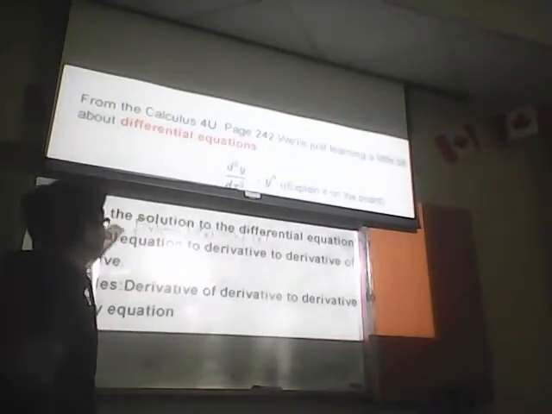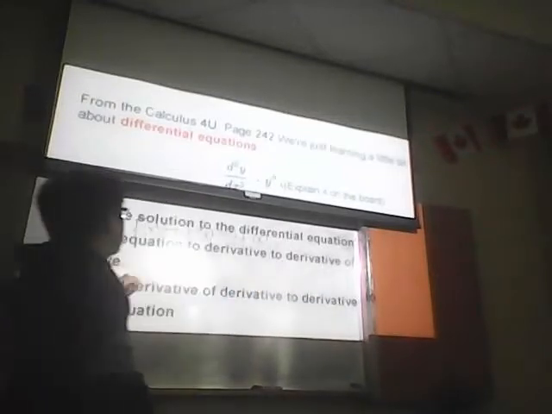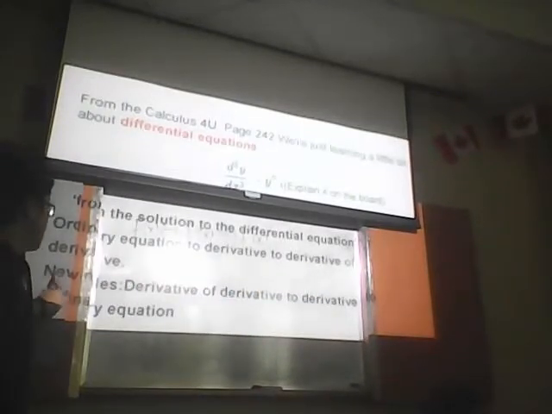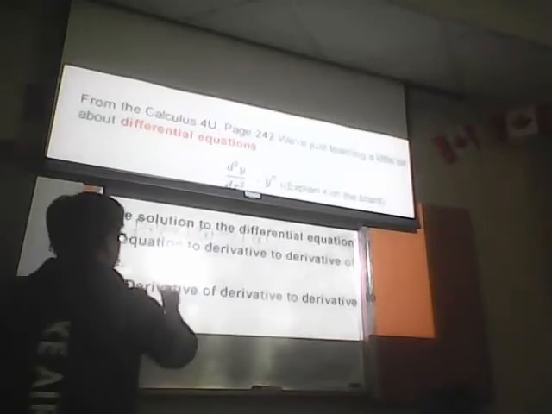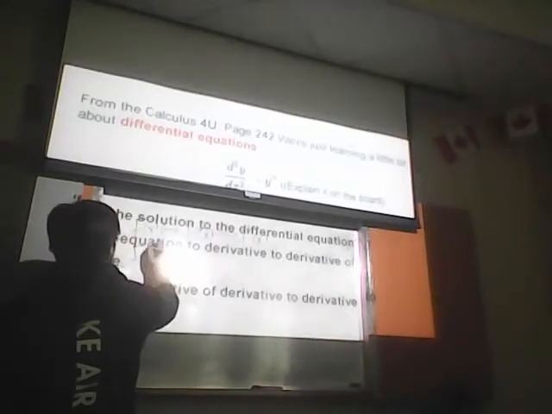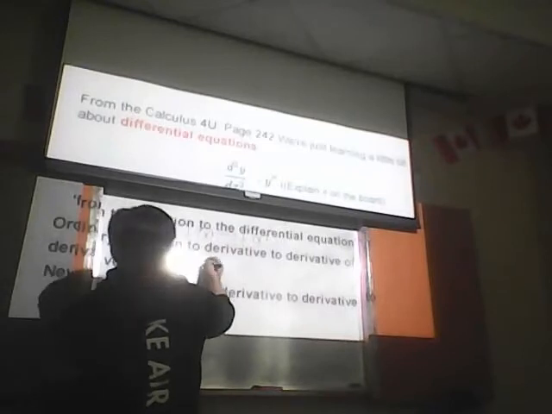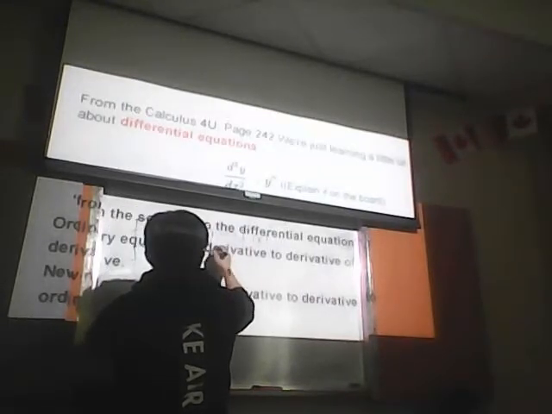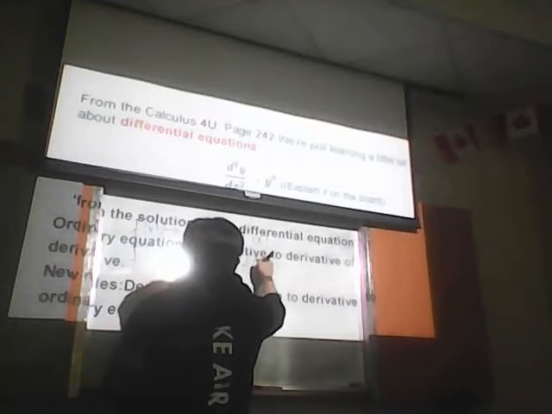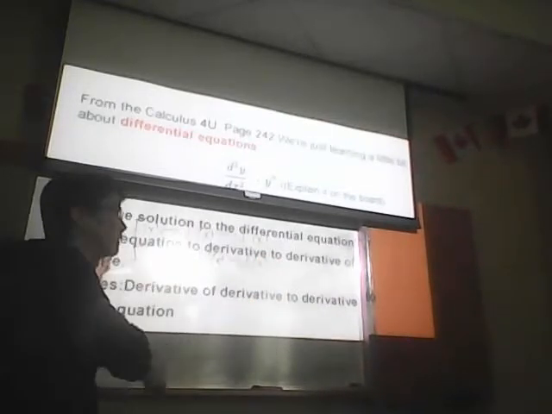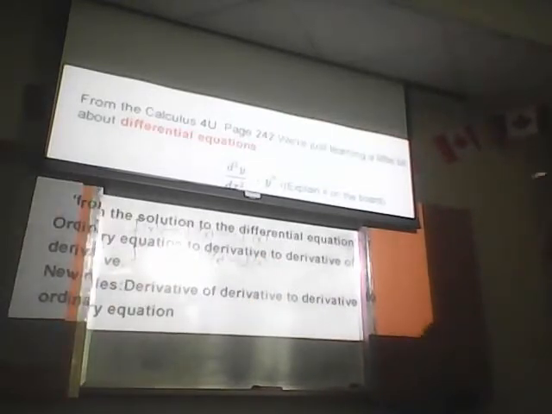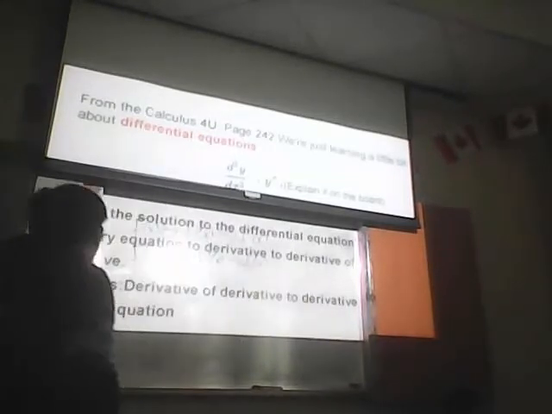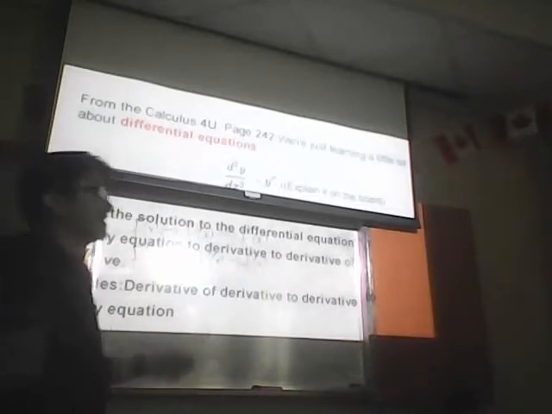So this is what I mean, and the new rule is going from the back. You should know what f is. You should know the original one. That's a kind of antiderivative, a transformation backwards to the original function. It says derivative of derivatives, to the ordinary equation. Yeah, that's so true.